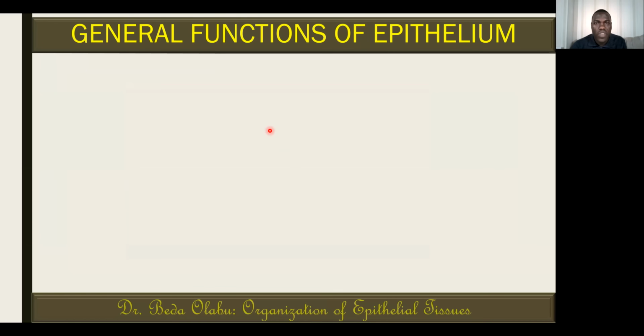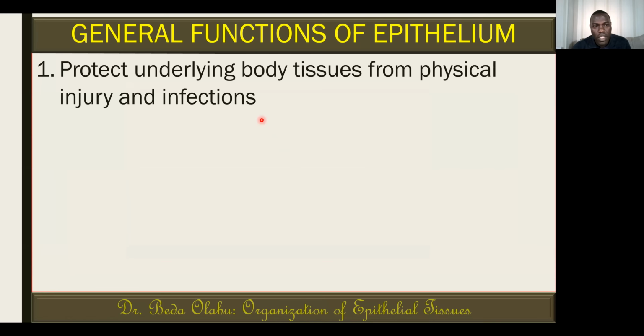So what are the general functions of epithelial tissues? Now that they cover body surfaces, epithelial tissues will be expected to protect the underlying body tissues. This protection could be from physical injury, could also be from infections. So yes, epithelium has immune functions.